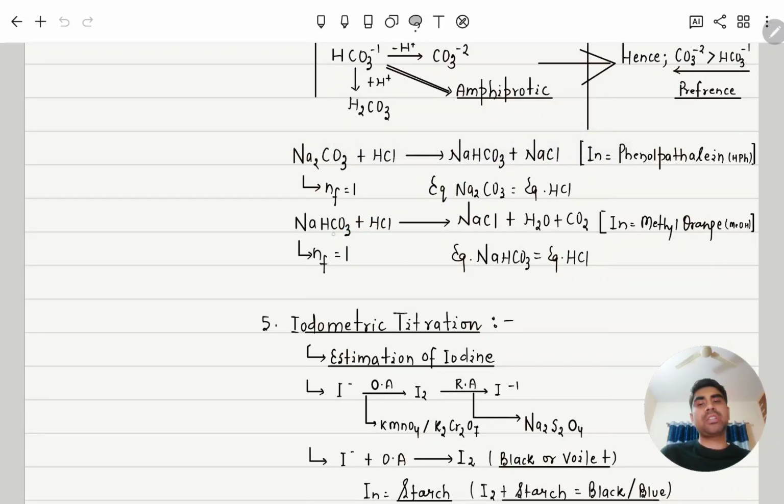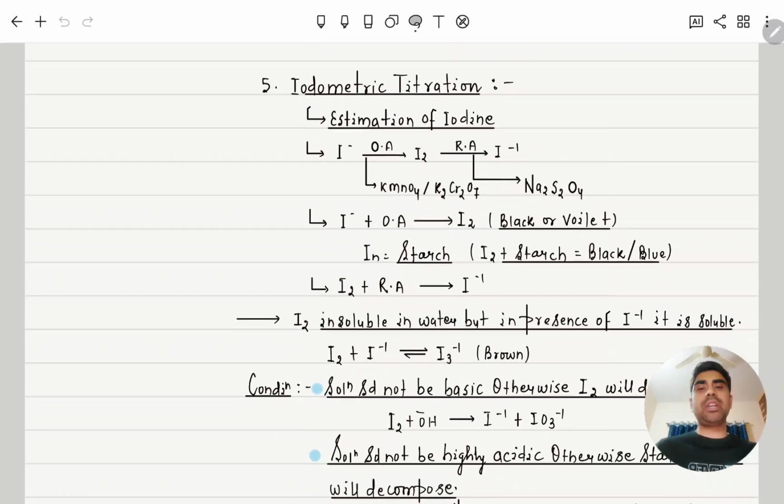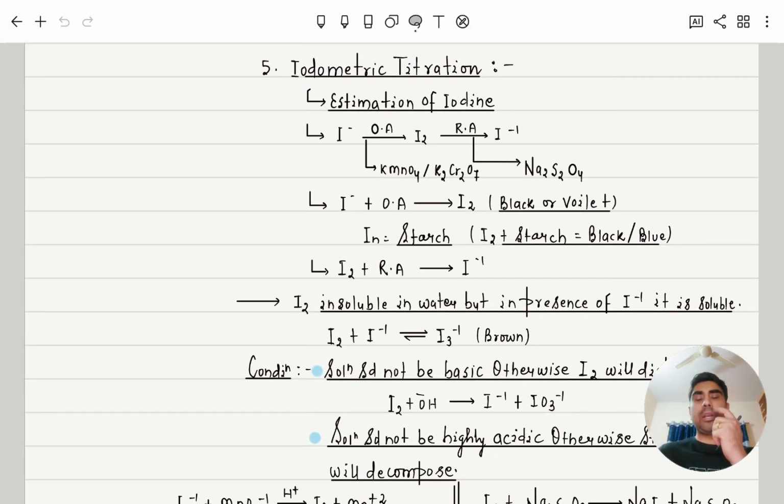Suppose this generated one is X and the earlier one is Y, so the total is X plus Y. For bicarbonate it is removing 1 H plus, so the N factor is again 1, but the number of moles will be X plus Y. Again we can apply the law of equivalence: equivalence of bicarbonate is equal to equivalence of HCl. Here the indicator we will use is basic methyl orange; earlier the indicator was acidic phenolphthalein. Clear?